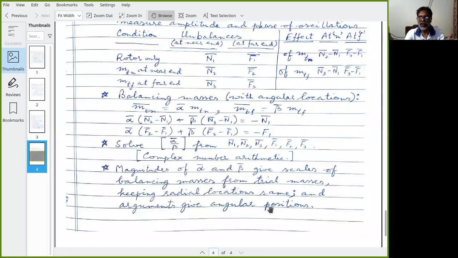So this is how we balance rotors, and rotors are thus systems which can be completely balanced.